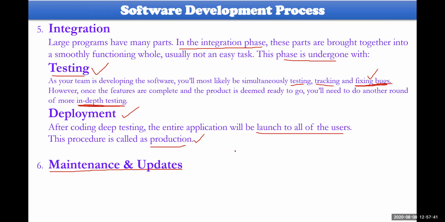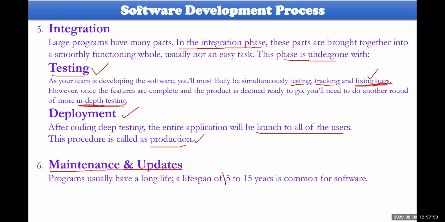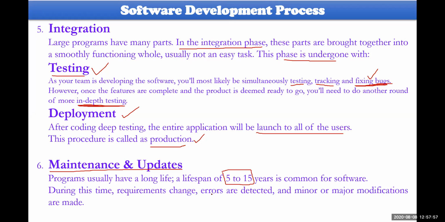Maintenance in the sense, after developing everything, you have to take care of that particular application for at least 5 to 15 years. During the development stage, you may check some number of operations, but while using it, other customers may have their own doubts.